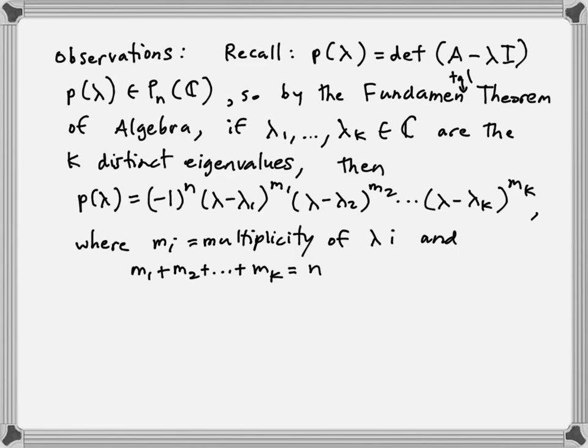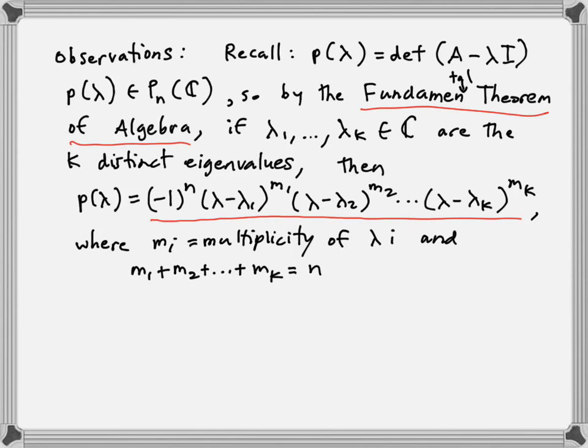Again, how do we know this? This is called the fundamental theorem of algebra. It says that anytime you have an nth degree polynomial, you can always factor it into its roots, and the roots are going to look like this. You're always going to have a negative 1 to the n. That's true because of how the determinant works. And then you're going to have lambda minus each root, and it appears a certain number of times.